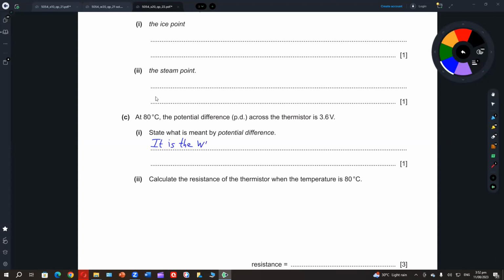It is the work done per unit charge to convert.